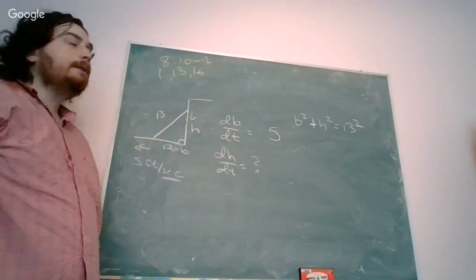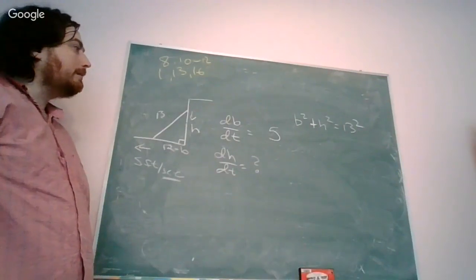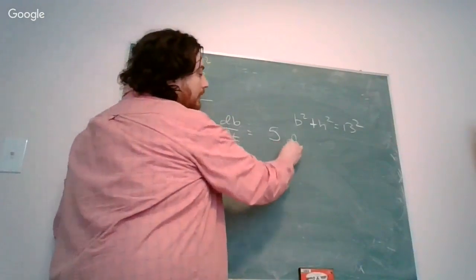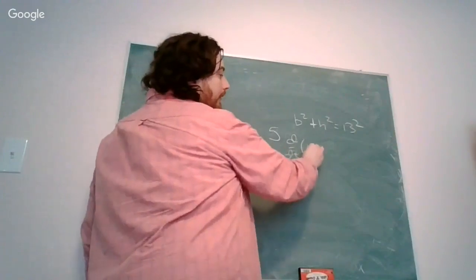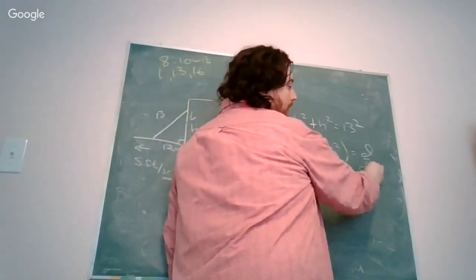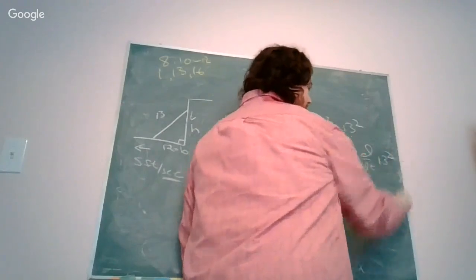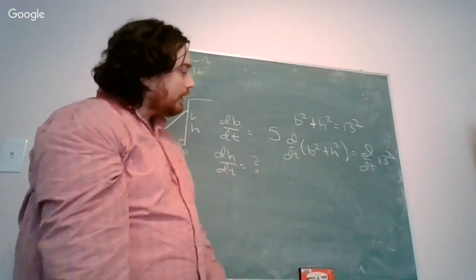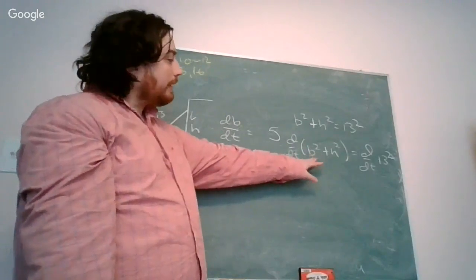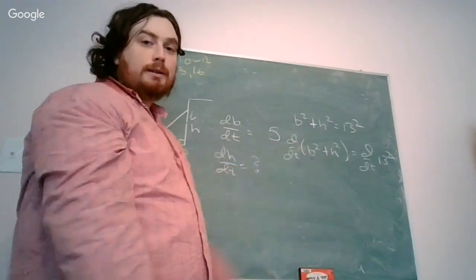So now once I get my equation, the next step is to differentiate. So I'm going to implicitly differentiate again. So this is the application of the things we've just been working on. And so I take the derivative of both sides with respect to time. And so if I go back, remember b is not equal to t. So it's going to be a normal derivative times dB dt.